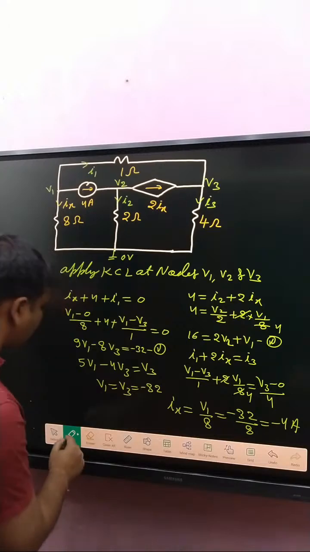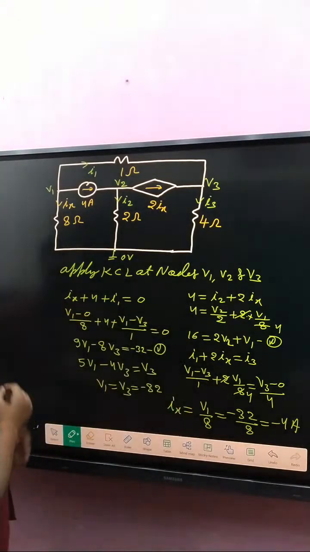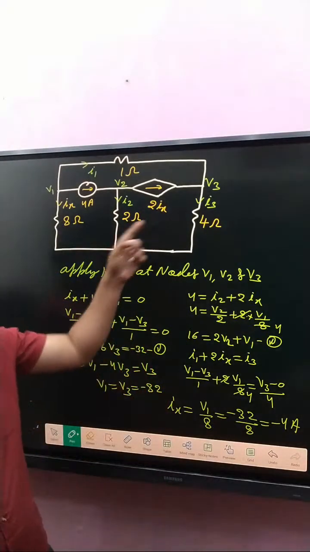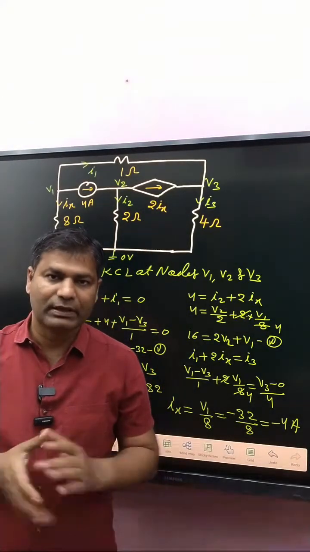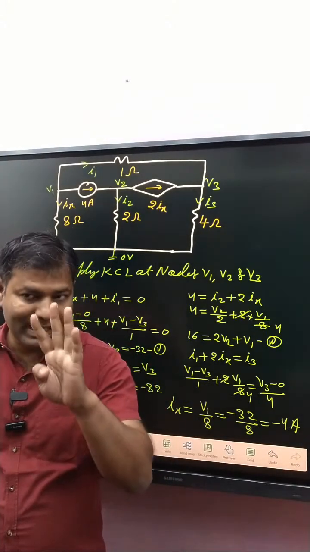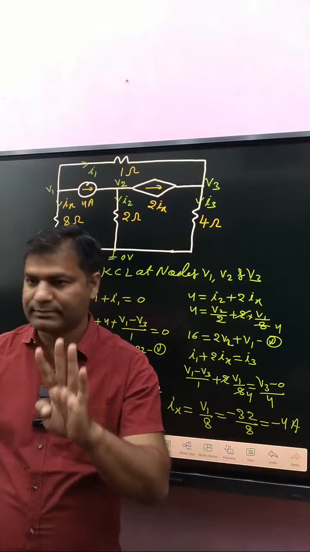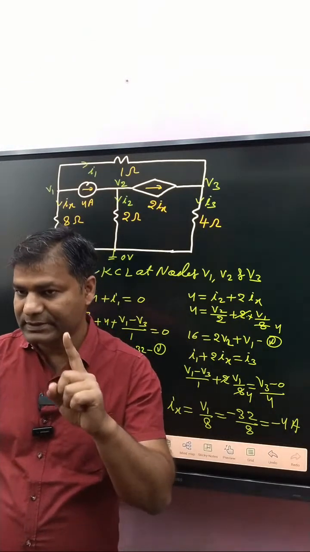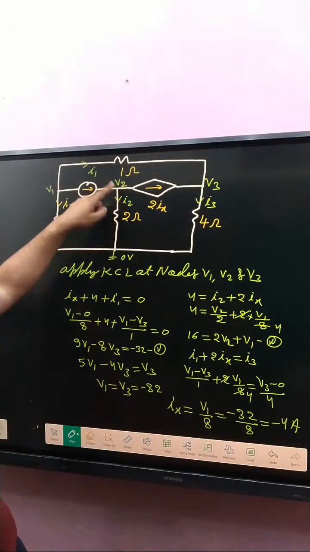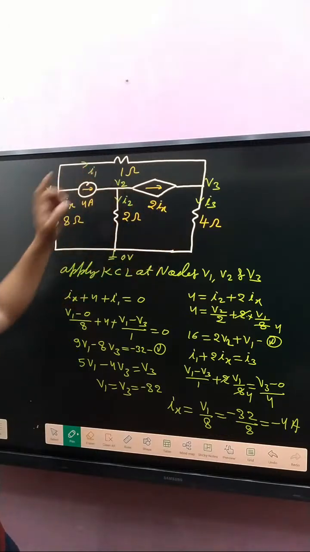Now I will explain again. Recheck. First of all, our motto is to determine Ix, that current. So with the help of nodal analysis, nodal analysis has 4 steps. First step, decide branch currents. So we have considered branch currents I2, I3 and I1.